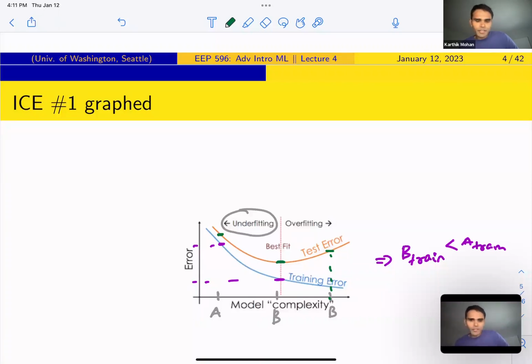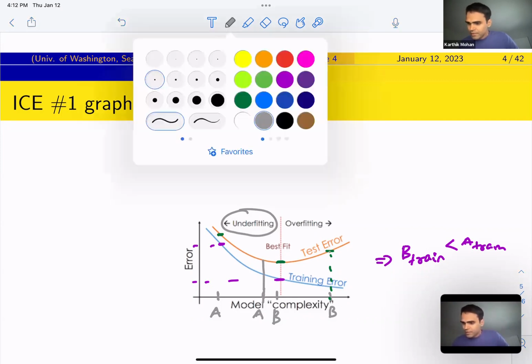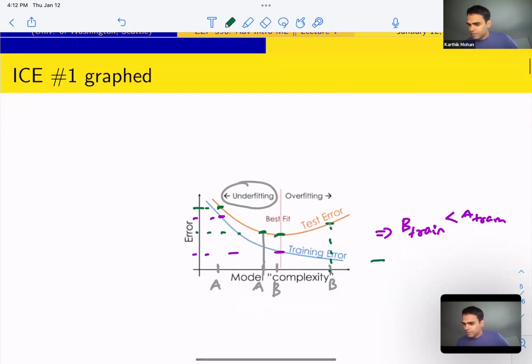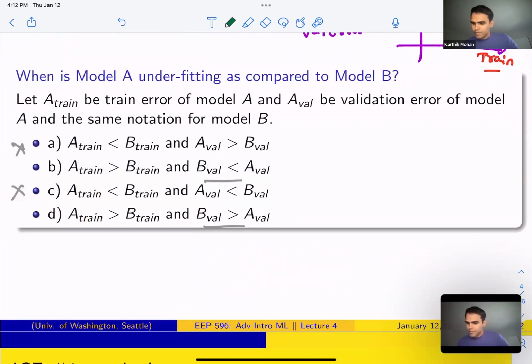Assuming B is not heavily overfitting, it is possible that A is somewhere here and B is somewhere here, in which case validation for A is lower than validation for B. But assuming B is not overfitting, B seems to be a reasonable model, and A is actually underfitting, then you'll see that the validation error for A is also higher than the validation error for B. So A val is greater than B val, and A train is greater than B train.